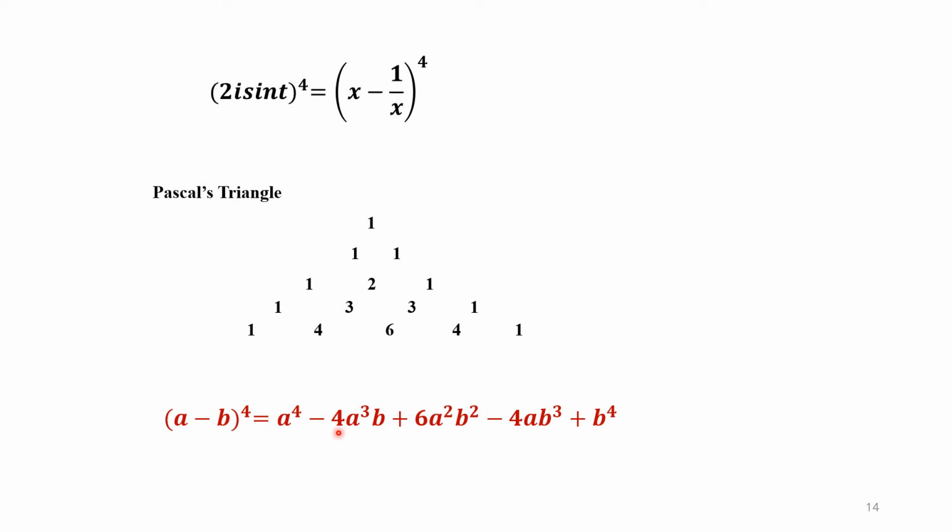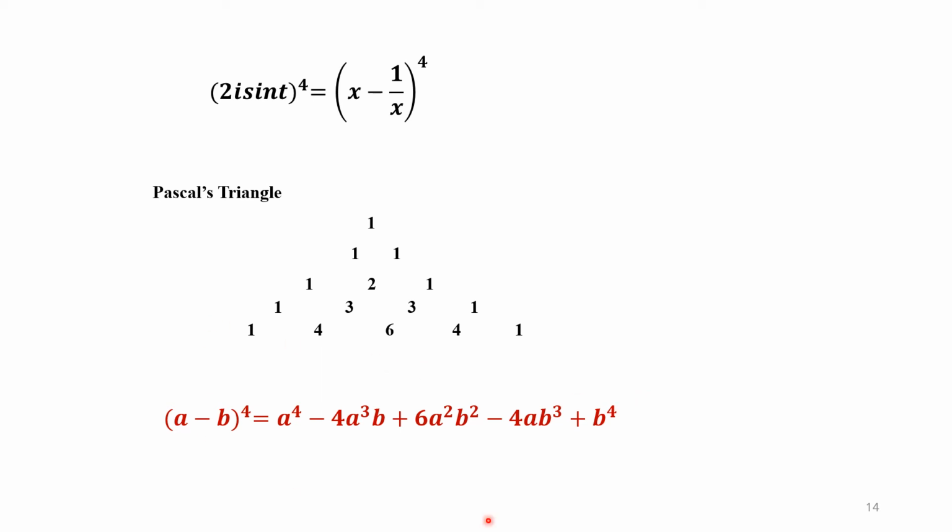First term is positive, second negative, third positive, fourth negative, fifth positive. Then the first term will be a raised to 4. So write a raised to 4, in the next term a cube, in the next term a square, then a, and then a raised to 0. Then b will start from here. B raised to 0, b raised to 1, b square, b cube and b raised to 4.